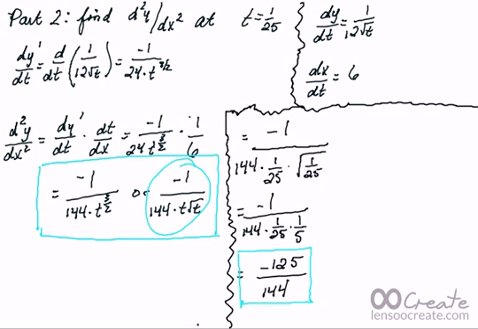And you're going to have negative 1 over 144 times 1 over 25 times the square root of 1 over 25, which gives us negative 1 all over 144 times 1 over 25 times 1/5, which gives us negative 1 over 144 divided by 125, and because we have a fraction dividing by a fraction, it's just going to be the reciprocal of the bottom here, times the negative 1, obviously, so at t equal to 1 over 25, this is all equal to negative 125 over 144.